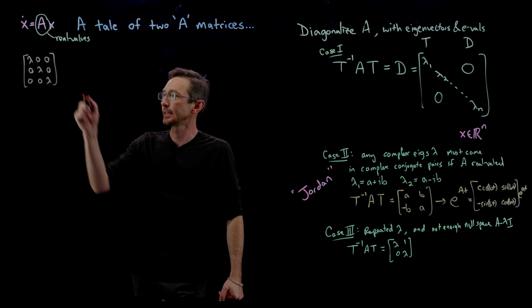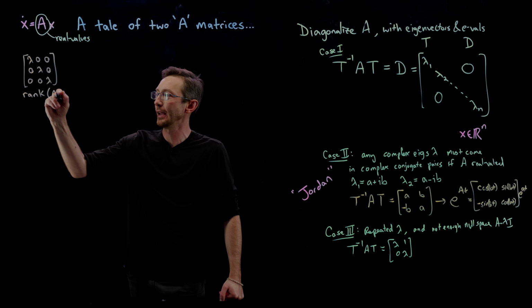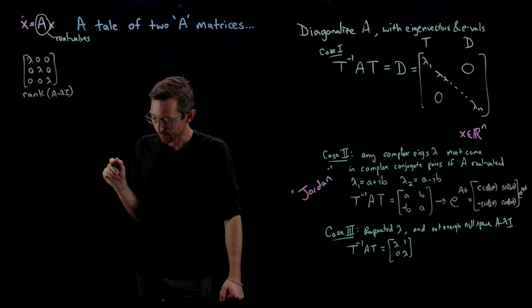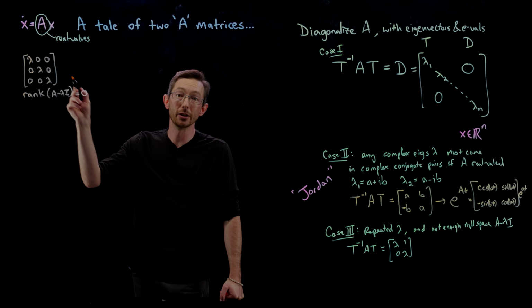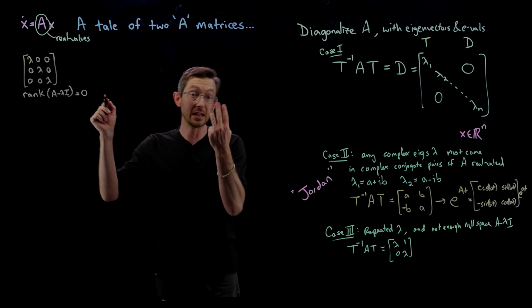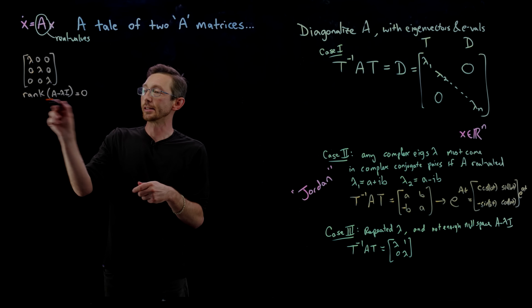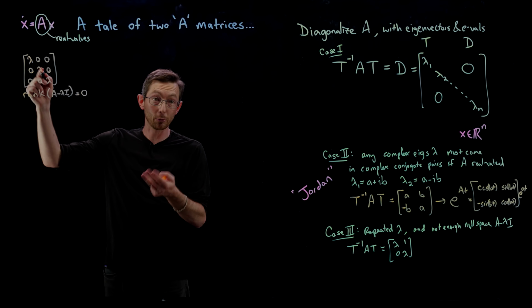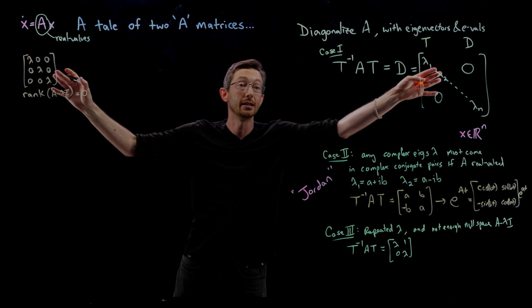This would be the case if the rank of A minus lambda I equals 0, meaning the null space is 3-dimensional. If this was a big 0 matrix, its null space is 3-dimensional, then I can find 3 clean, unique eigenvectors to span the space, and I can actually diagonalize it.